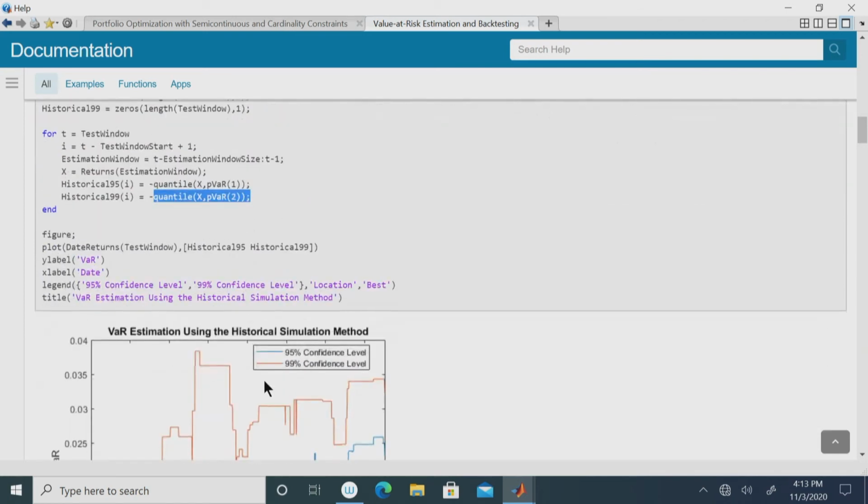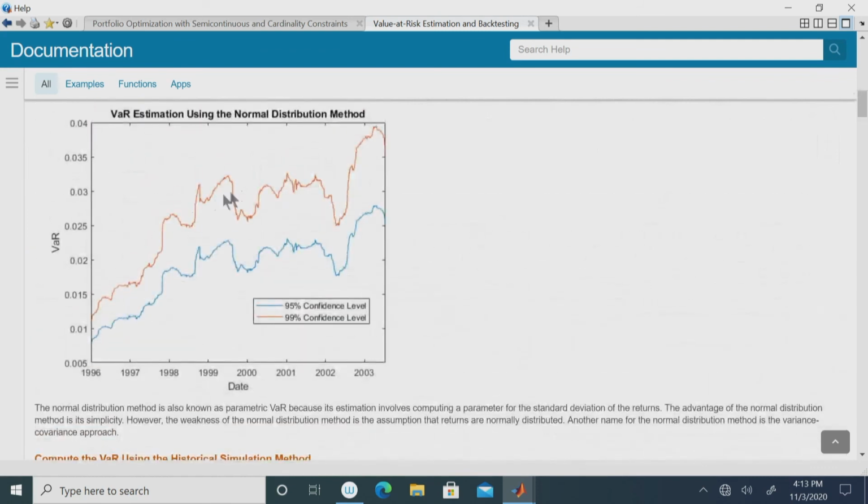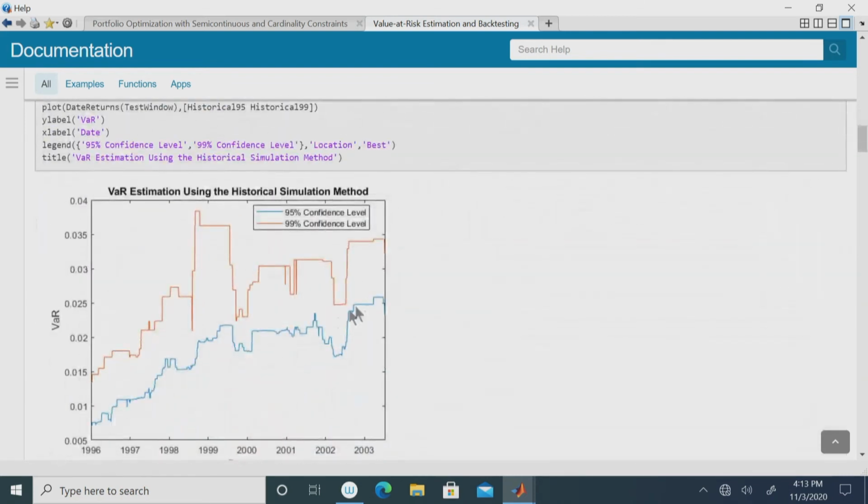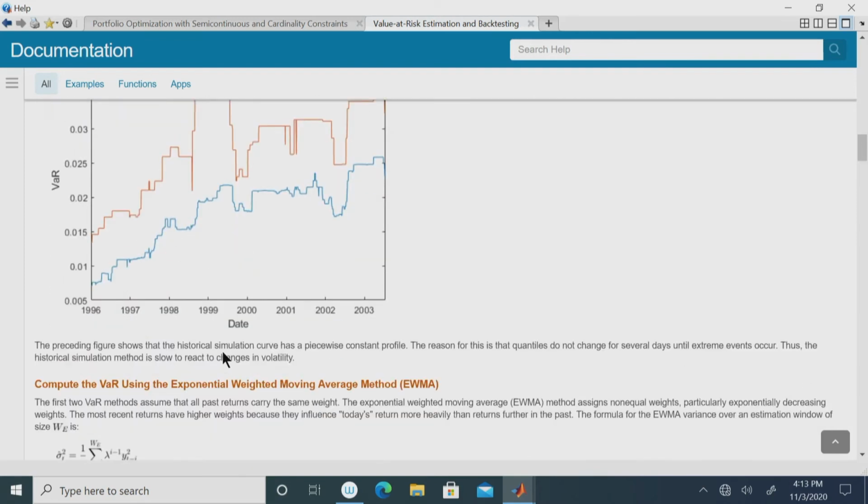So, here you can see that in the previous case we had the VaR as it progresses over time, one at the 95% level and one at the 99% level. We now have an identical graph here. Again, the blue graph is at the 95% confidence level, and the orange one is at the 99% confidence level as before.